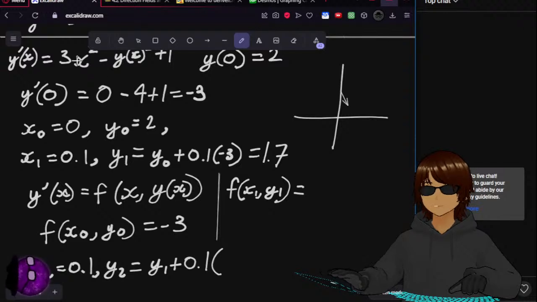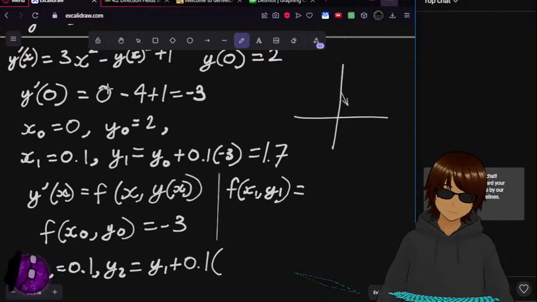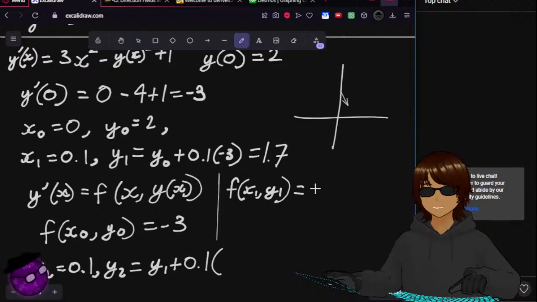So x1 is 0.1, then y1 is 1.7. I have a calculator with me. Squared plus 1 minus, is that even correct? Minus 1.8, no wait, minus 1.86.